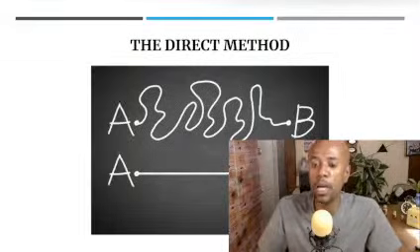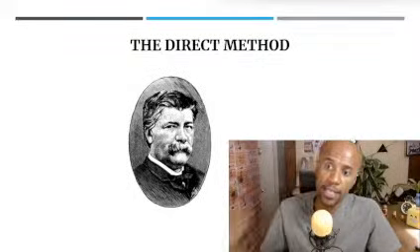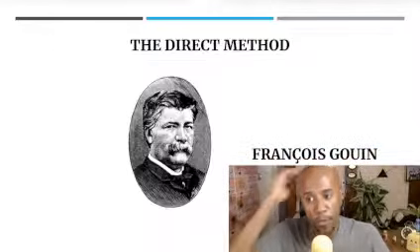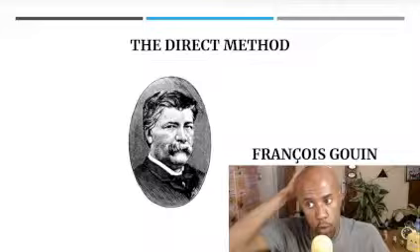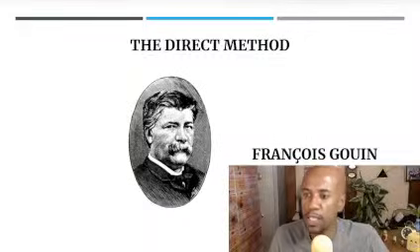And so a leading figure in the direct method is Francois Gouin, who is a Frenchman who began to publish his work on the direct method in 1880, and so by the end of the 19th century.